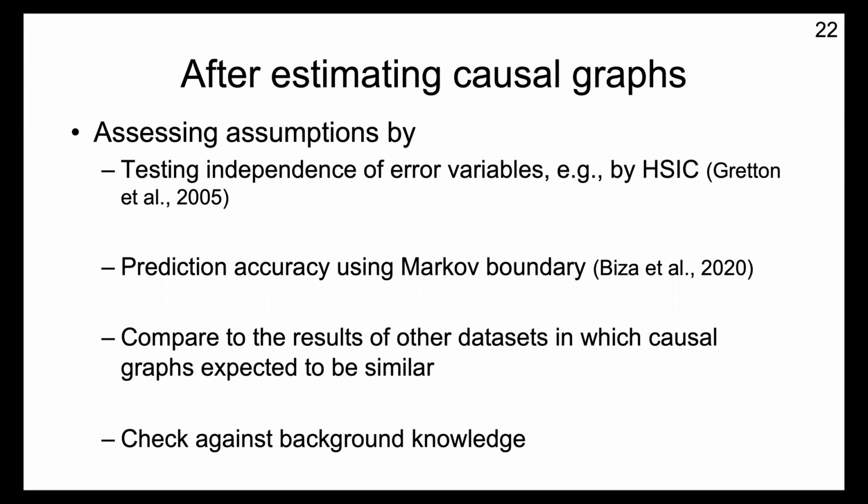Of course, we can also check whether the results are consistent with the background knowledge. And if not, we might want to relax the assumptions of the model, or maybe increase the sample size to get better statistical stability.